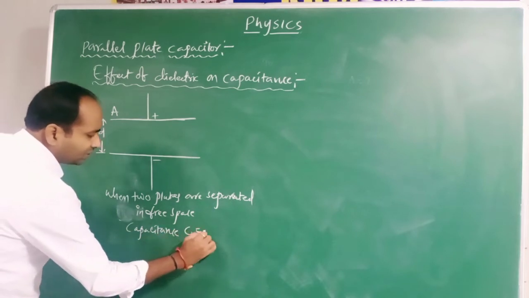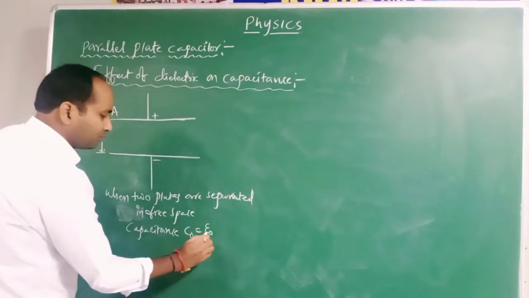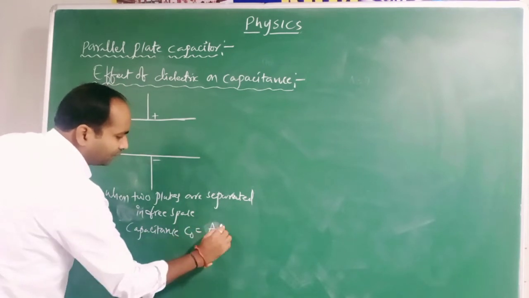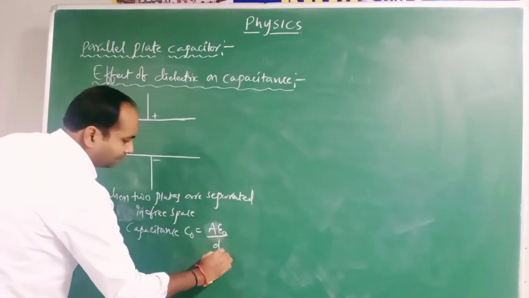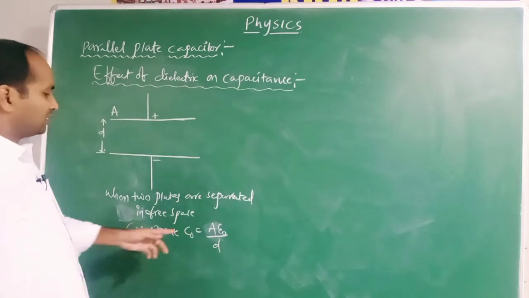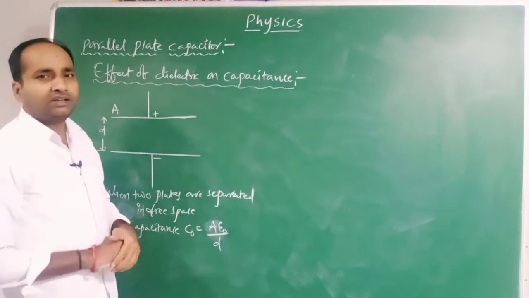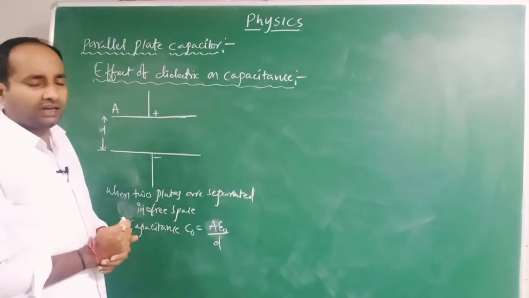Capacitance C0 is equal to A epsilon naught by D. This is the capacitance when the two plates are separated in free space, in air.